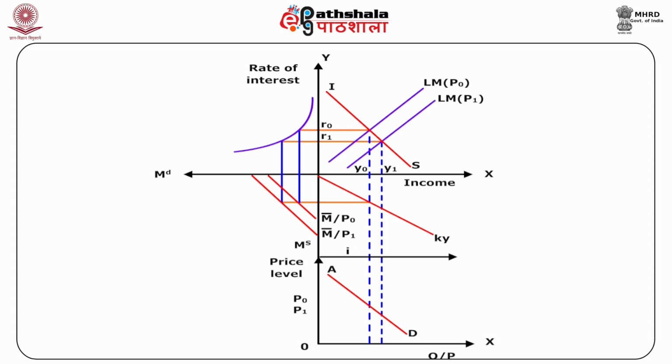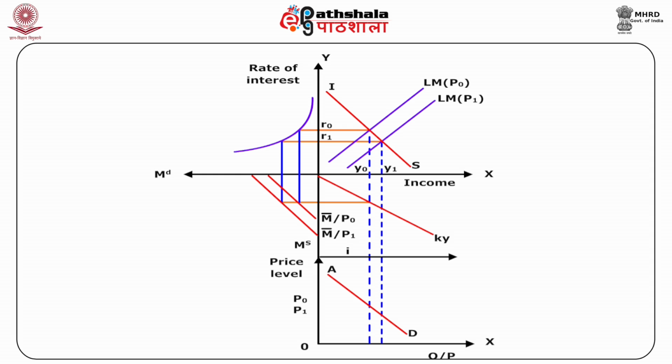In the third quadrant, you would see a money supply function given by M bar upon P0, and in the third quadrant we are actually looking at the money market equilibrium.